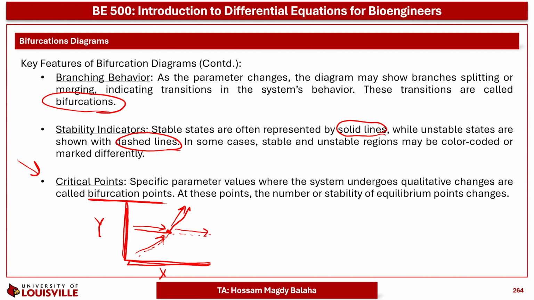And this also reflects the meaning of the branching behavior. Or we may get a bifurcation like that. We have a system that is stable like that, but in this region, it's unstable. So at this point, which looks like a fork, we have a bifurcation point, which converts the system from being stable to unstable, if you are looking from here to here.